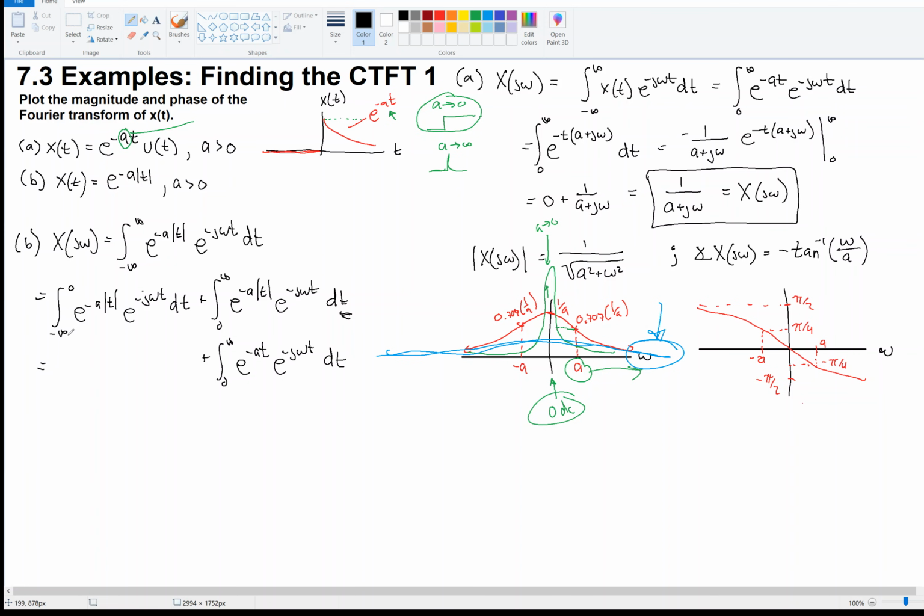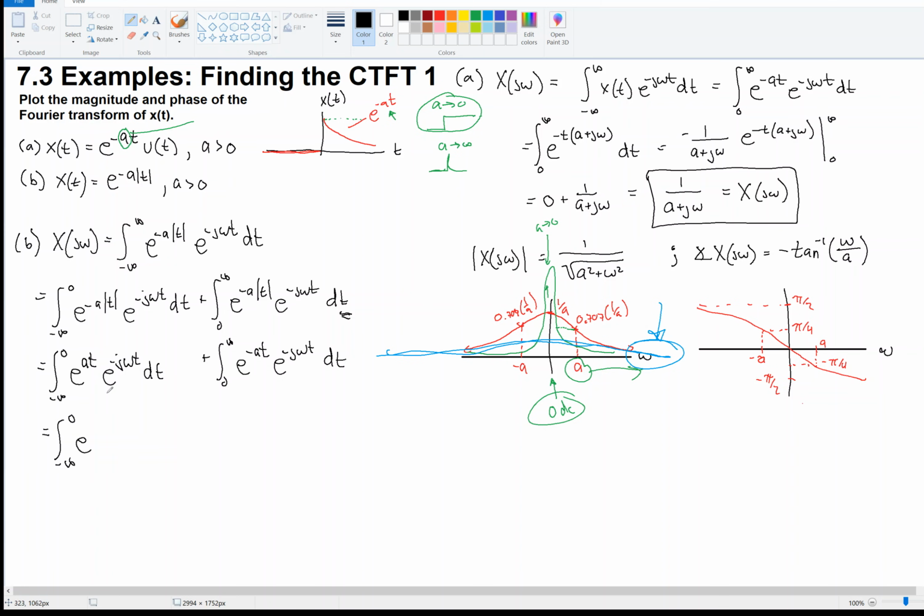What about over here? Well, when t is negative, what does the absolute value do? It changes the sign of t. And so we can still drop the absolute value if we change the sign to positive. Okay, now I will use the properties of the exponent.